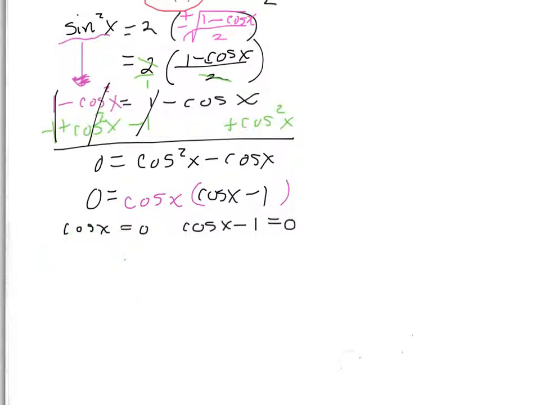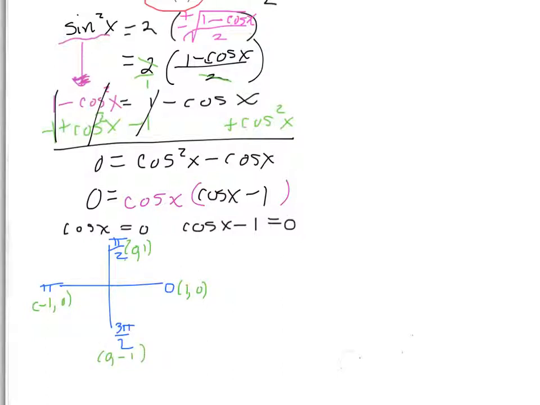So if I look at my coordinate grid and I look at 0, pi over 2, pi, and 3 pi over 2, I want my ordered pairs at those points. My ordered pairs at 0 would be (1, 0), (0, 1), (-1, 0), and (0, -1).